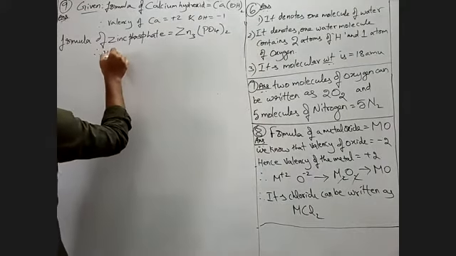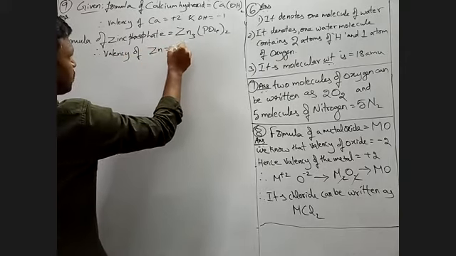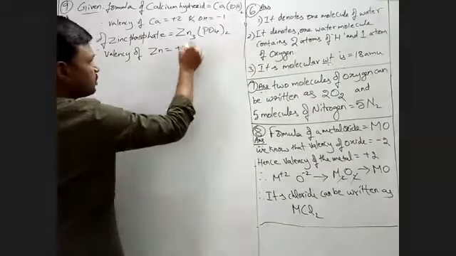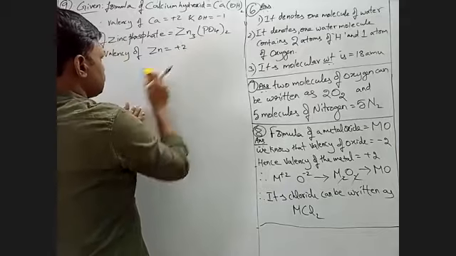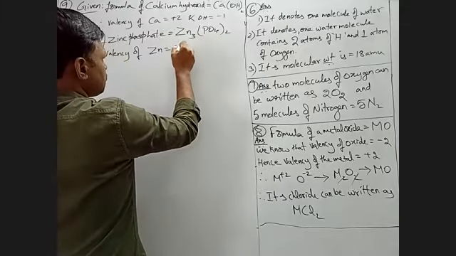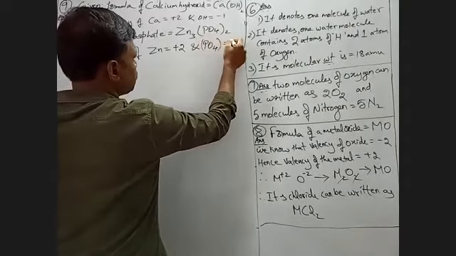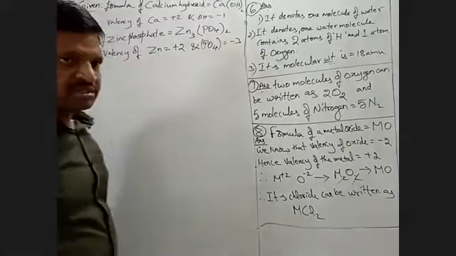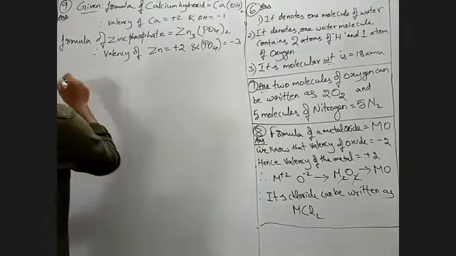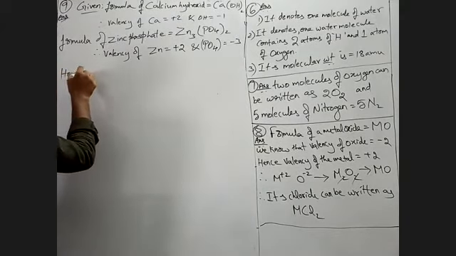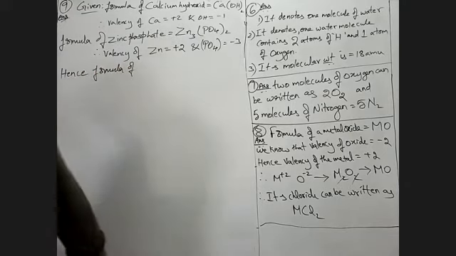Therefore, valency of zinc equal to +2 and PO4 equal to -3. Phosphate is a tri-negative ion, right? And hence formula of what is asked here?